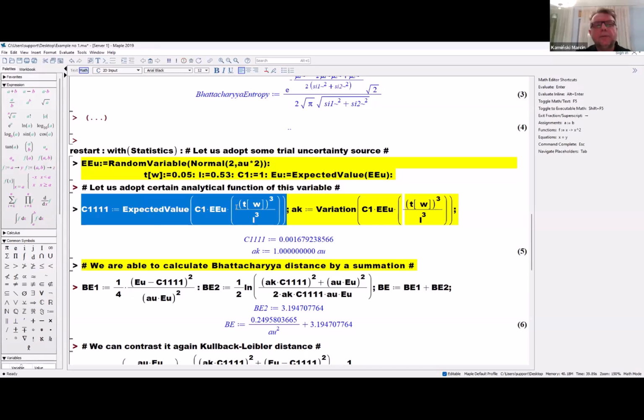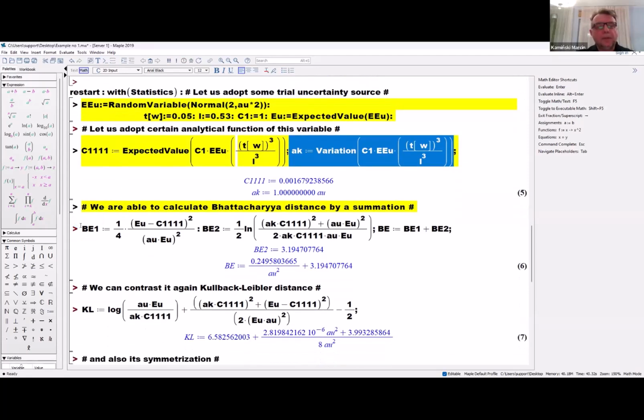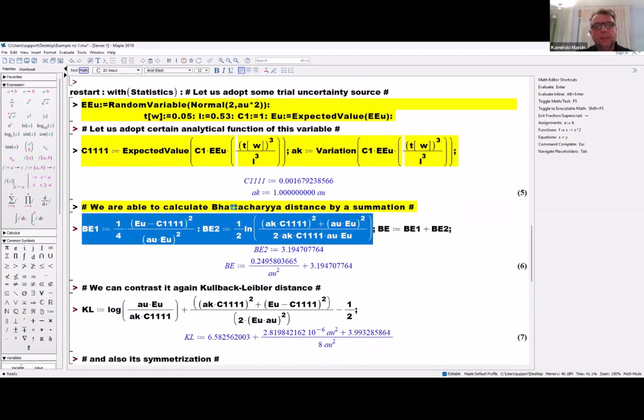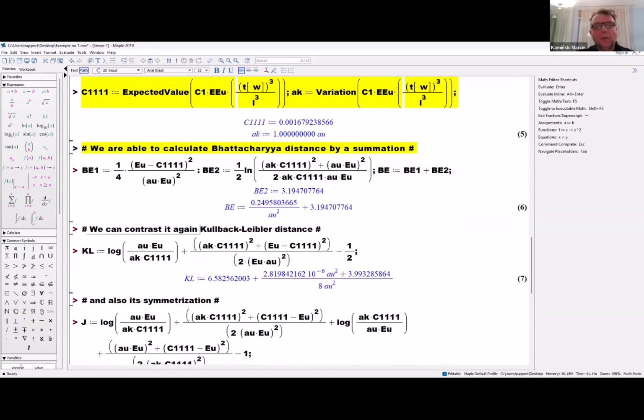This is a linear transform, so relatively easy to check what would be the result. We also define the variation of this new random variable, and we can implement not only Bhattacharyya distance, but we can check it against well-known in engineering and applied science Kullback-Leibler distance.